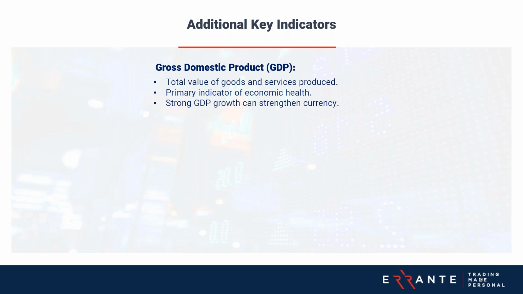First, we have gross domestic product, known as GDP, which measures the monetary value of all finished goods and services produced within a country's borders in a specific time period. It's like the report card of a country's economy. A growing GDP indicates economic expansion, while a declining GDP may signal economic trouble.